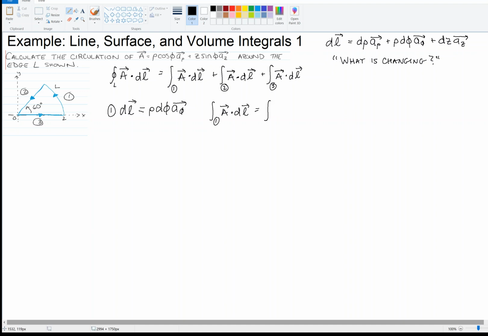A is given in the problem, so this is rho cosine phi a rho plus z sine phi a z dotted with dl, and we said that dl is rho d phi times a unit vector in the phi direction.